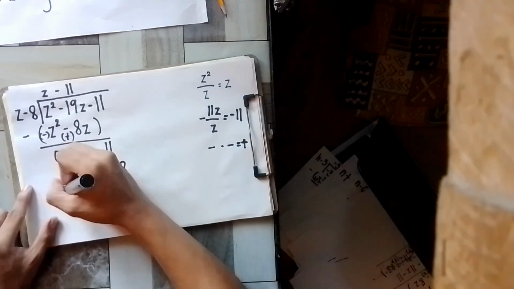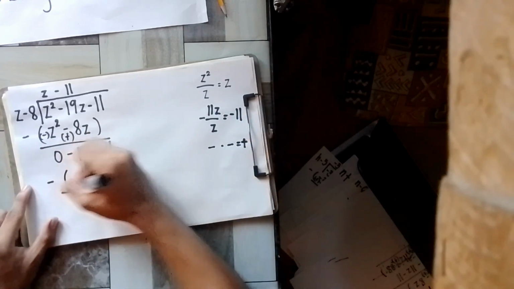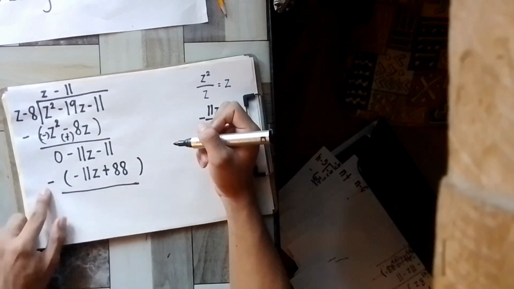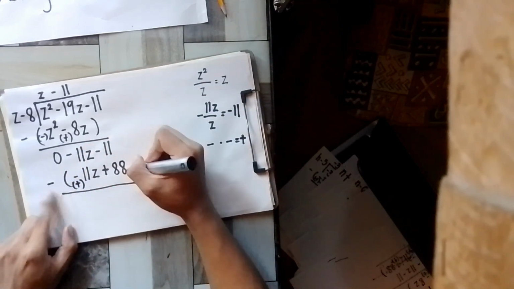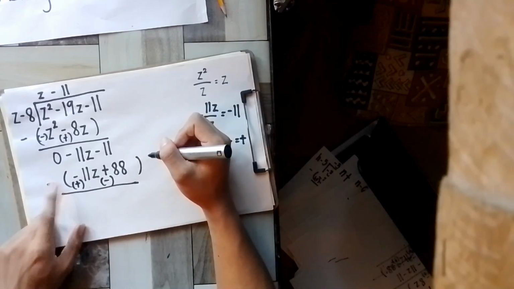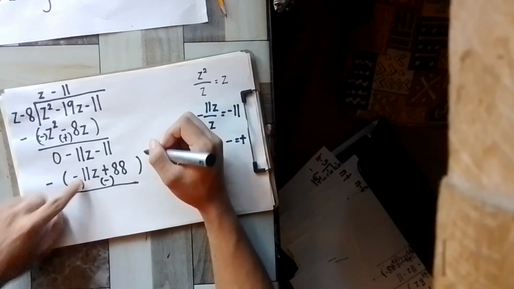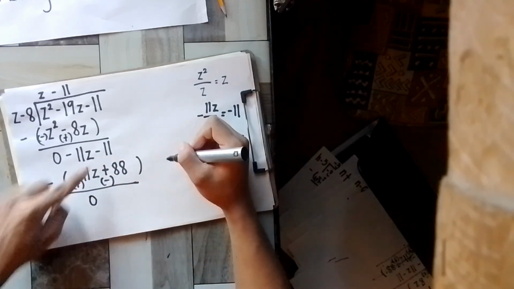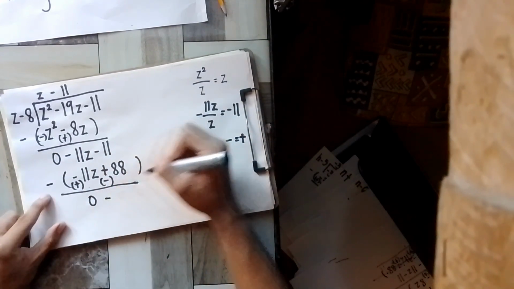Now, we're just going to repeat the same process of the rule of subtraction in division. We're going to change the sign, namely negative 11z will turn into positive 11z, and positive 88 will turn into negative 88. Therefore, when we subtract, negative 11z and positive 11z will be 0, and negative 11 and negative 88 will be negative 99.